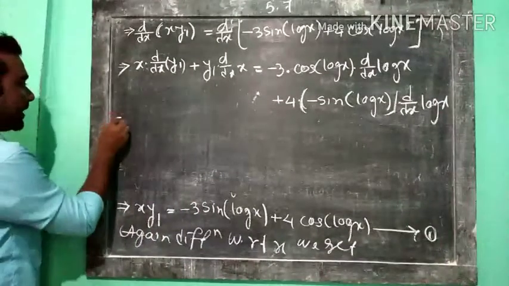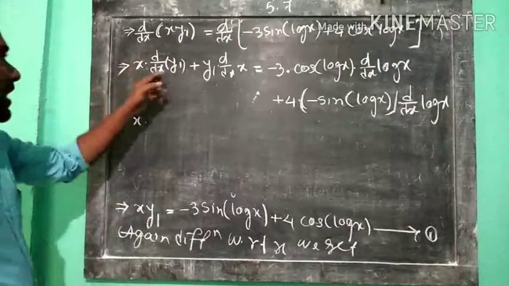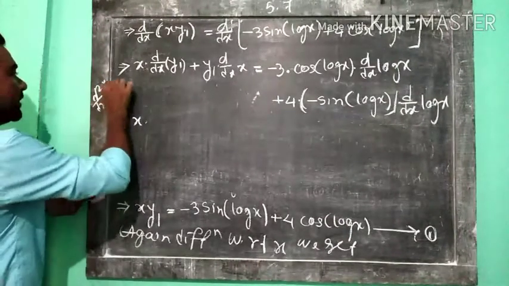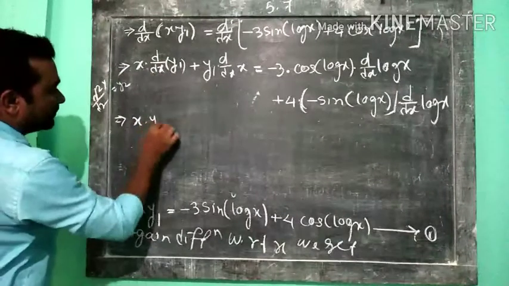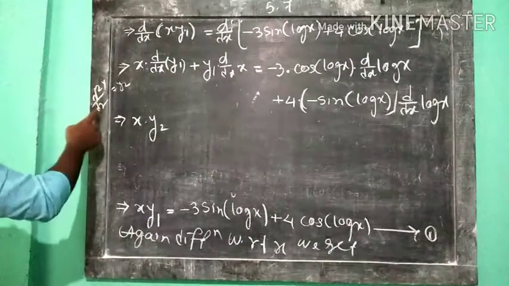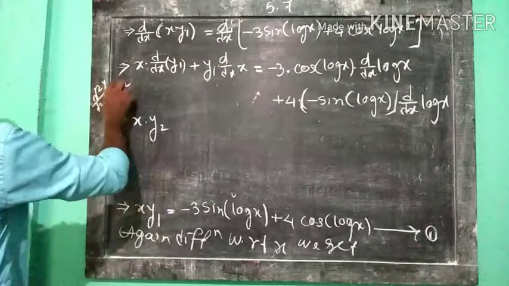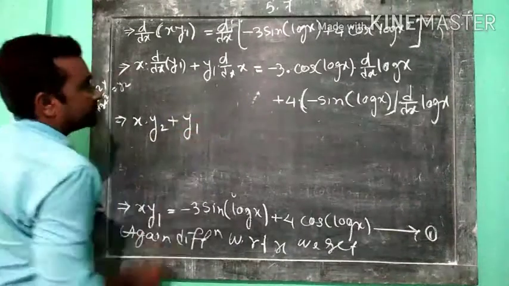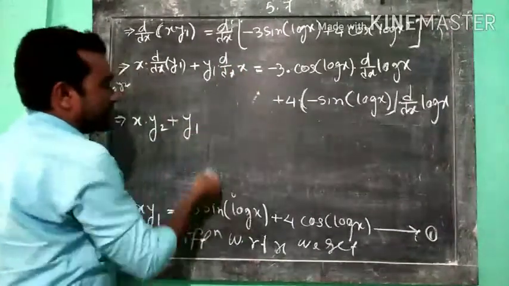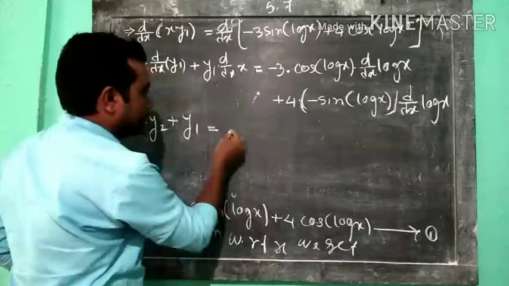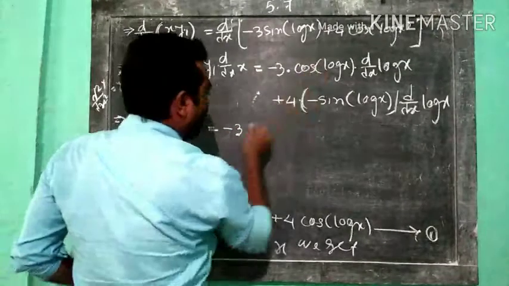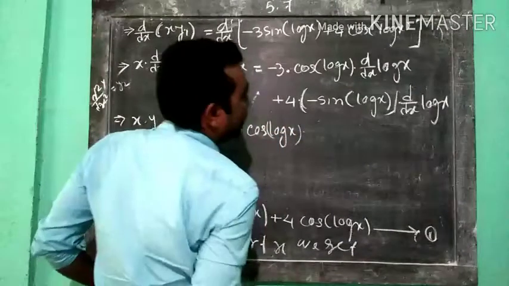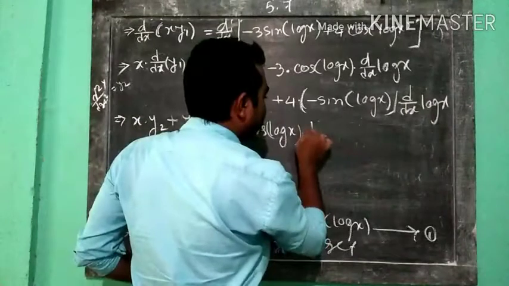So this implies that x into d/dx of y1, that means d2y by dx2, d2y by dx2 is written as y2. So this is x y2 plus y1, d/dx of x is 1. This is equal to minus 3 cos log x, and d/dx of log x, we know, is 1 by x.